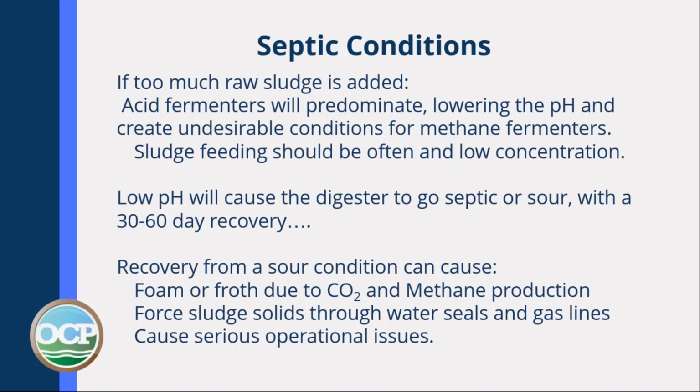Low pH will cause the digester to go septic or sour, and it will take you about 30 to 60 days to recover from this condition. Recovery from a sour condition can cause foam or froth due to CO2 and methane production. Forced sludge solids through water seals and gas lines, and you'll have serious operational issues you have to try to overcome to bring this reactor back from a septic condition.